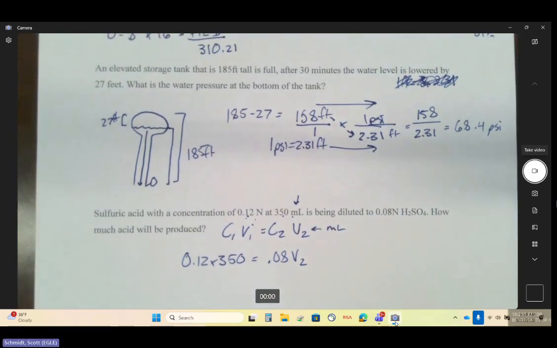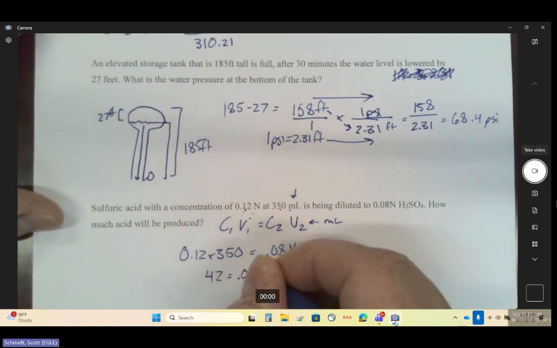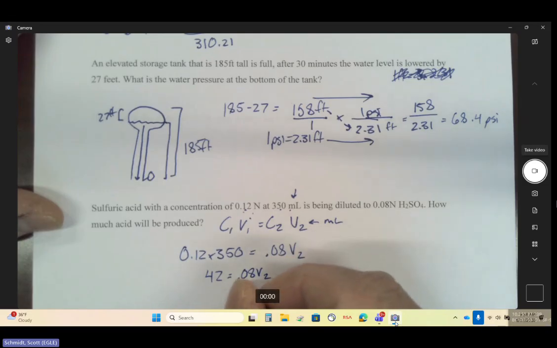So again, just like before, we're going to multiply the things on the left. So I'm going to get 42 is equal to 0.08 V2. Well, you got to do algebra. Whatever you do to one side, you got to do to the other. So that cancels that.